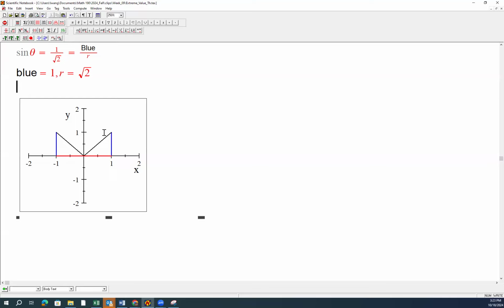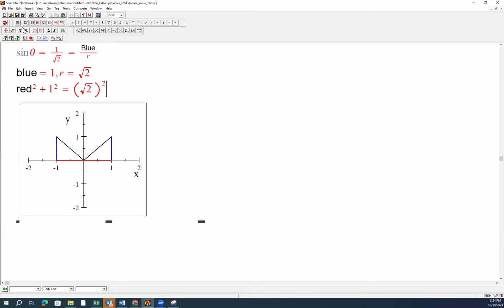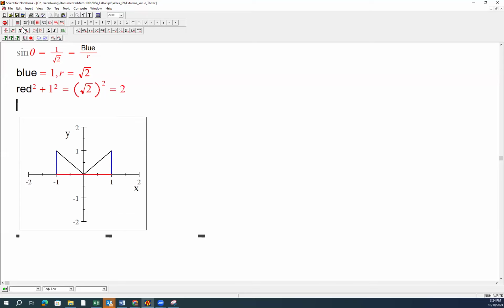The red squared plus the blue squared, where blue squared is 1 squared, we already know equals root 2 squared. Root 2 squared is 2. So red squared equals 1.